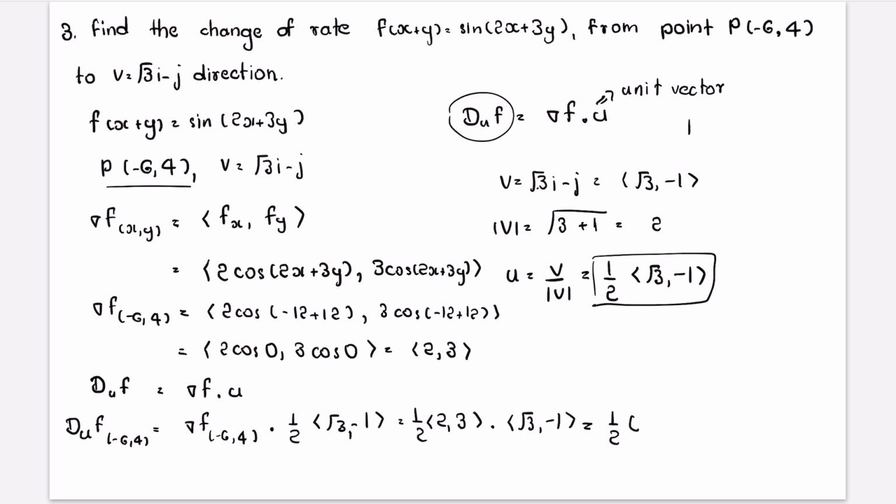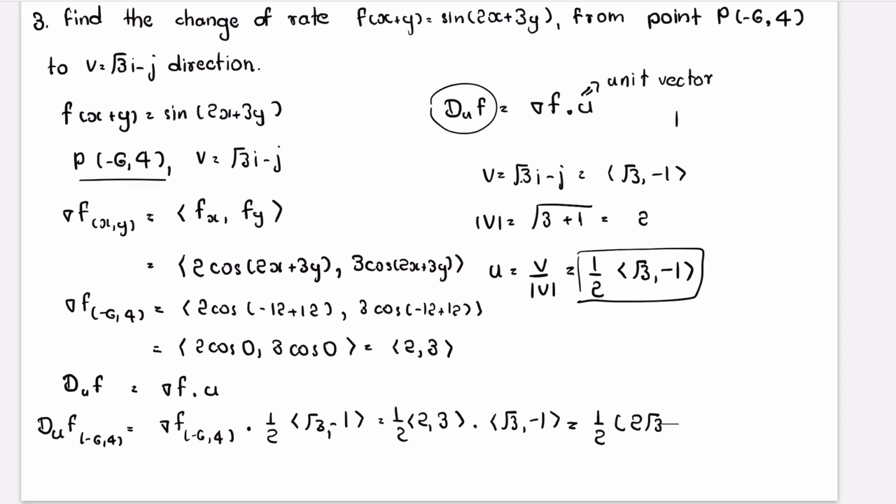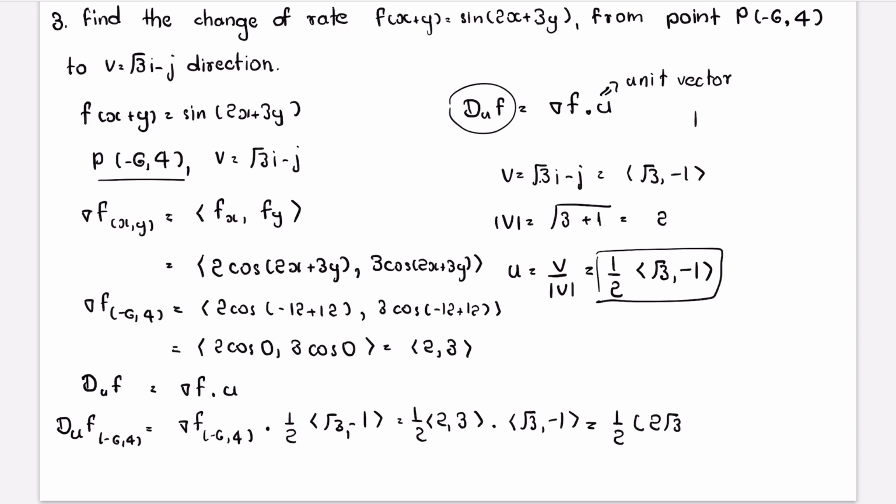So it is a scalar product, just multiplying this and then add. So 2 into root 3 is 2 root 3, and then minus 1 into 3 is minus 3. So this is the answer of the question.